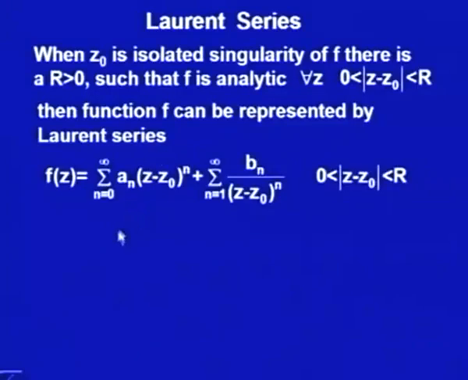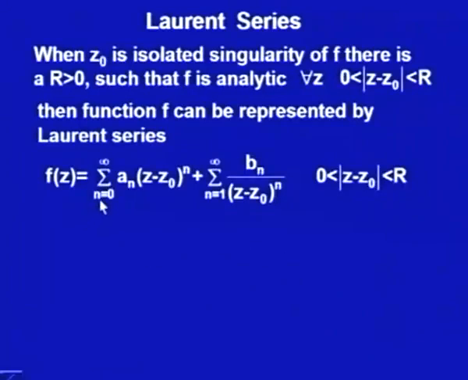What is the Laurent series? Laurent series is that a function f of z can be written as summation n running from 0 to infinity a n into z minus z naught to the power n, plus summation n running from 1 to infinity b n upon z minus z naught to the power n, for all z lying in 0 less than mod z minus z naught less than r. That is in the disk.